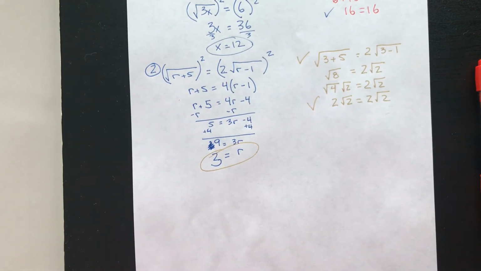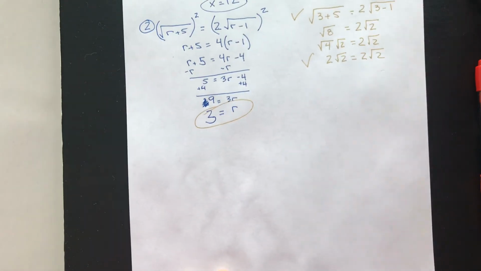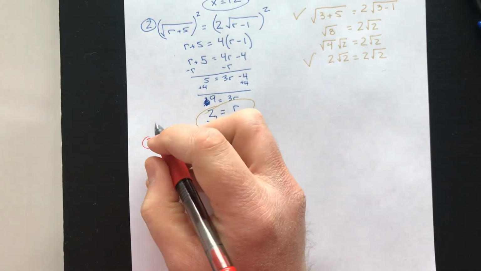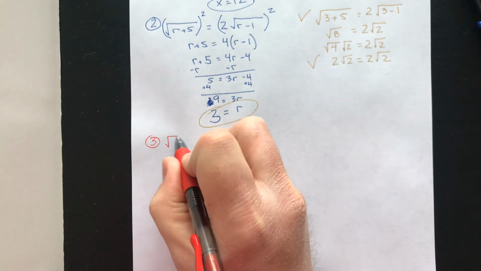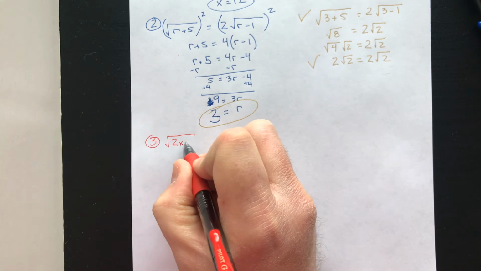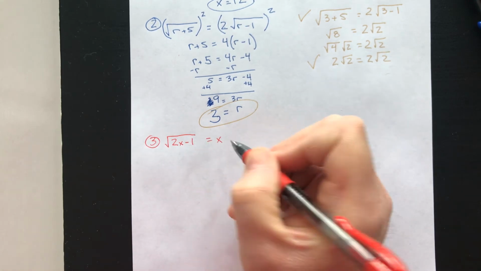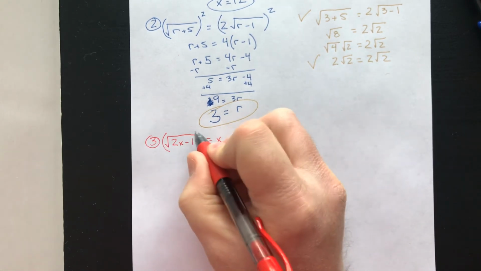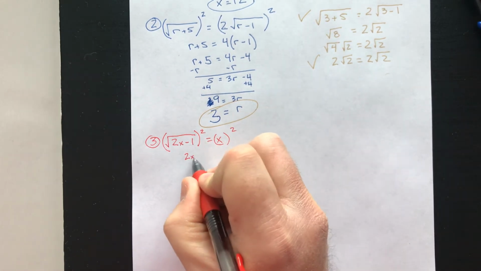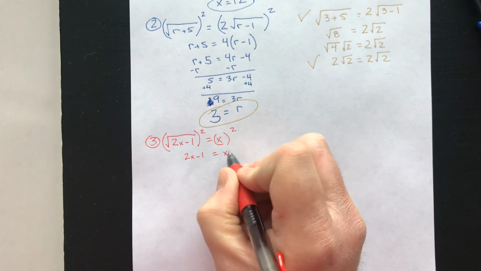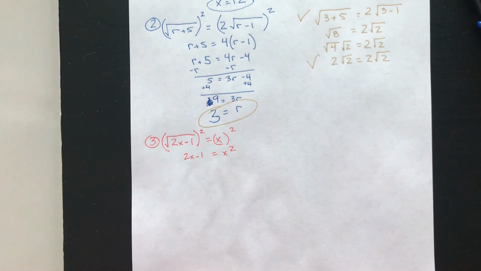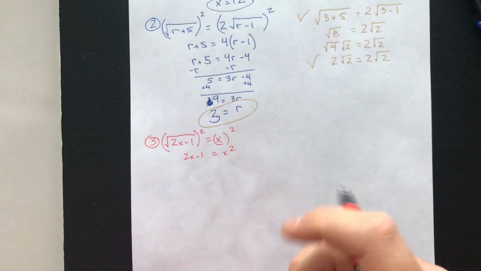All right, let's do number 3. Number 3, they tell us the square root of 2x minus 1 is equal to x. Once again, I'm going to square both sides. So I have 2x minus 1 is equal to x squared. So we have a quadratic here. I'm going to move everything to the right-hand side.